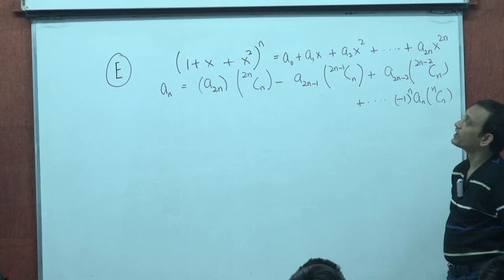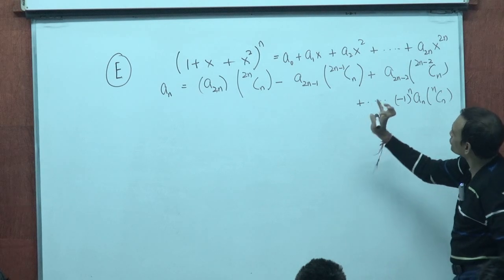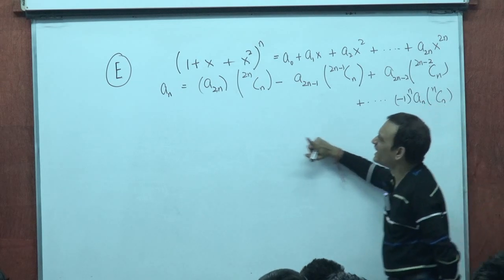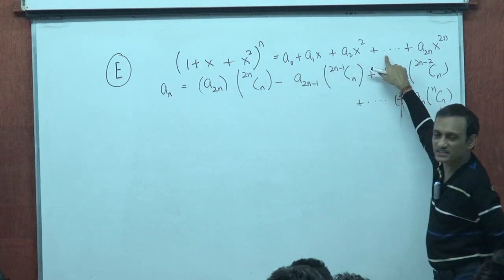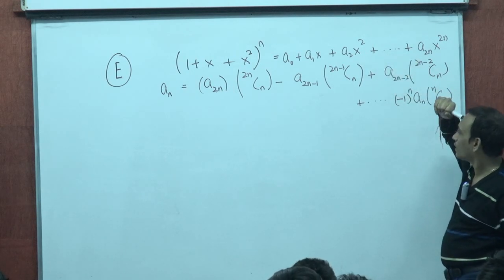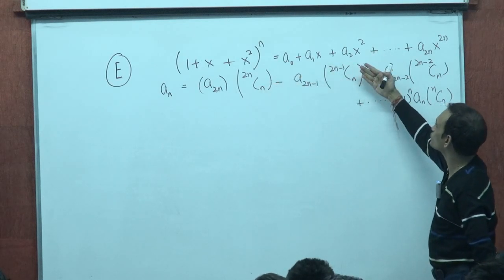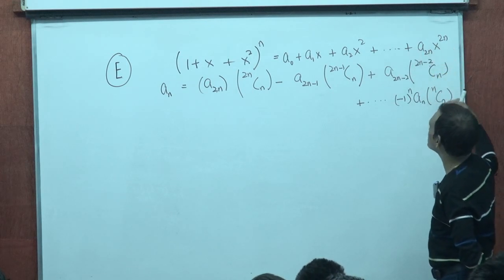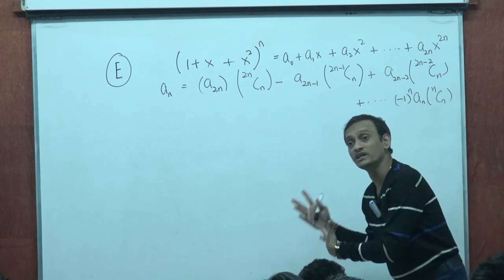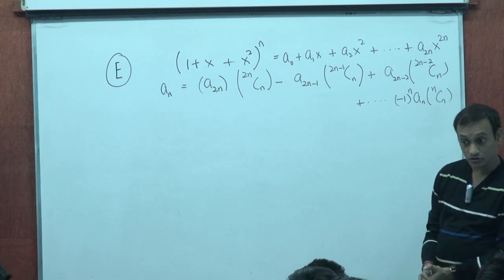You need to look at one thing: take a clue from some of the things that are spread out in this expression. An, for example, is the coefficient of x^n in this. Now, where on earth did these 2nCn, (2n-1)Cn, (2n-2)Cn, nCn emerge from? We need to know how they came into being in the expression. That has to be understood.